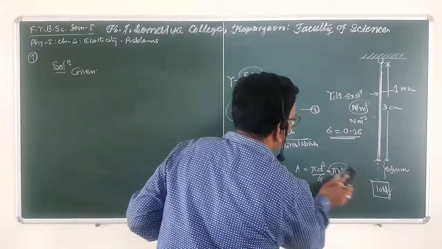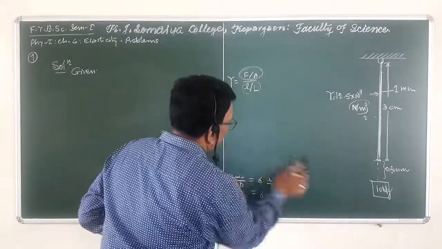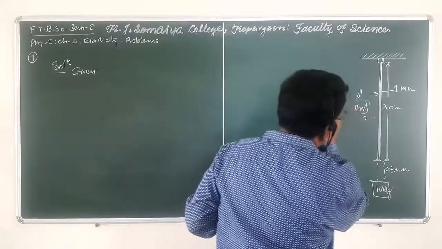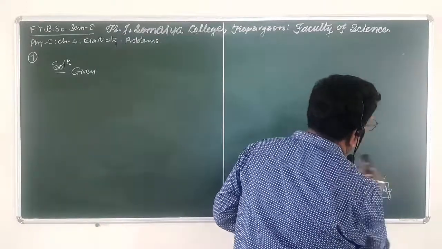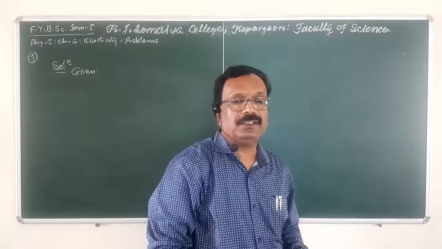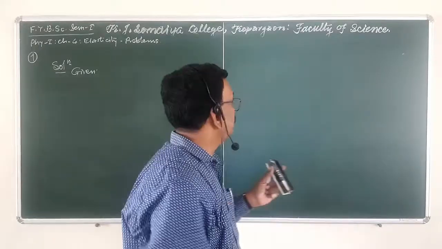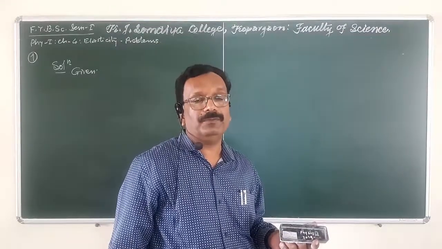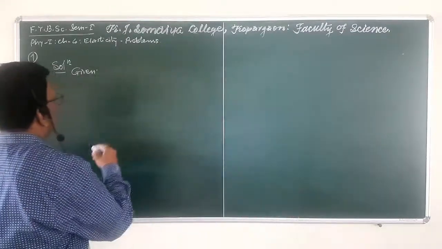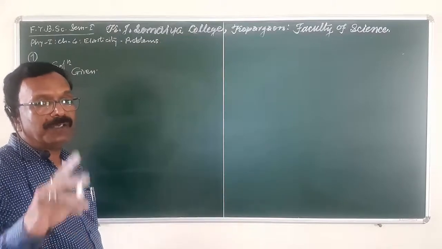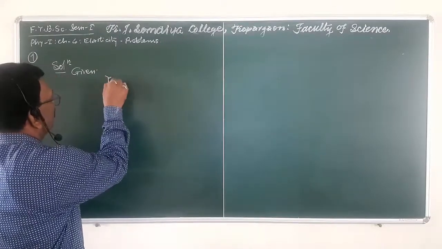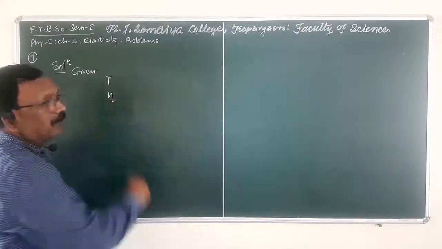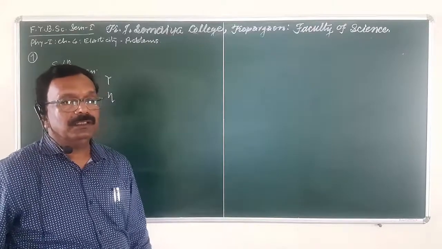Now the problems which we are going to see here are very important and frequently asked in question papers. In this next problem, we have to calculate Poisson's ratio of aluminum. For that purpose we have two quantities. One is Young's modulus and another is modulus of rigidity.